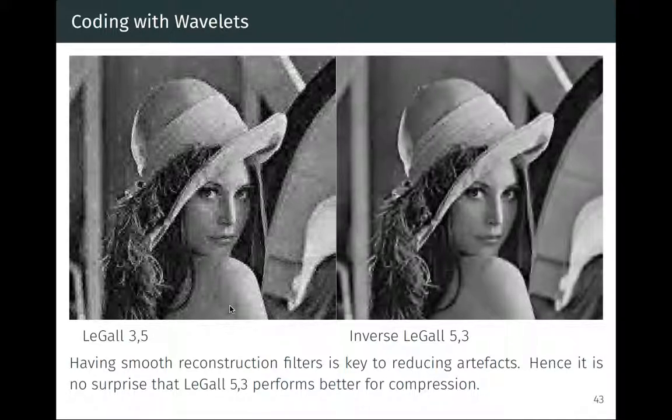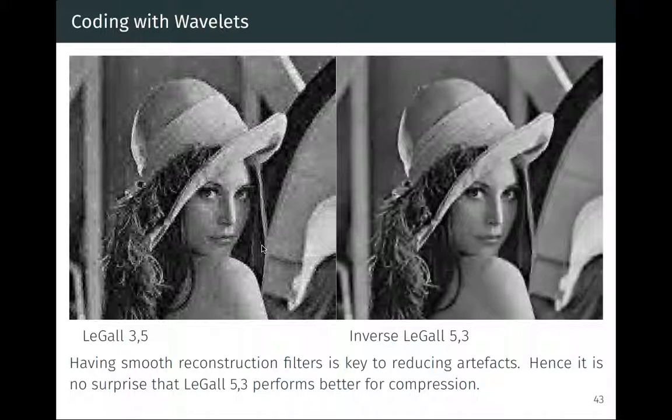The importance of which filters you use in which order and how smooth they are is important because, see, this is the Legall 3.5 and this is the inverse Legall 5.3. And as it turns out, if you use one or the other, like if you swap them, things go wrong here. That's because if the inverse filters are not smooth, when you quantize, you create some artifacts, okay?